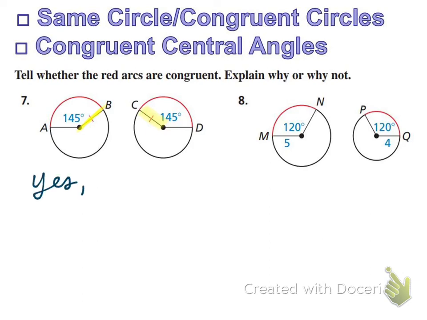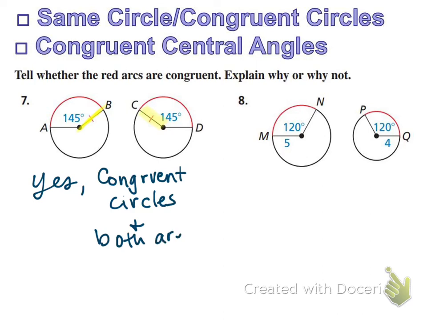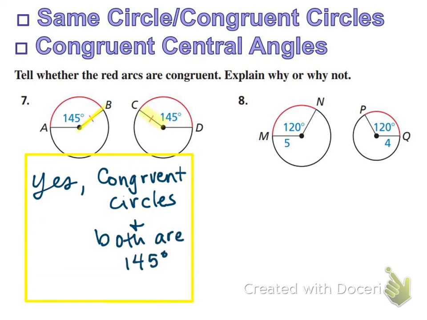Yes. This is a yes. We could say they're in congruent circles, and they both are 145 degrees. It's kind of a way to shorten it. You could say they have congruent central angles also. Both are fine.